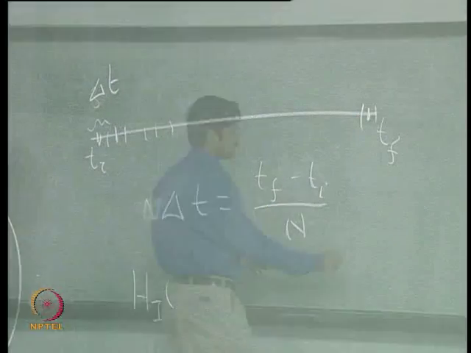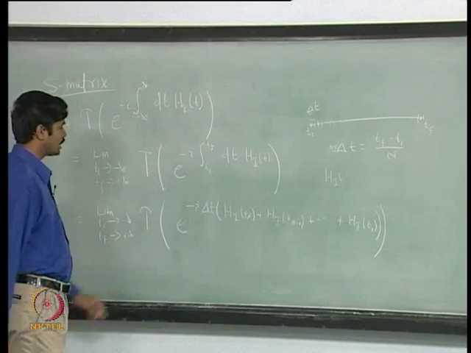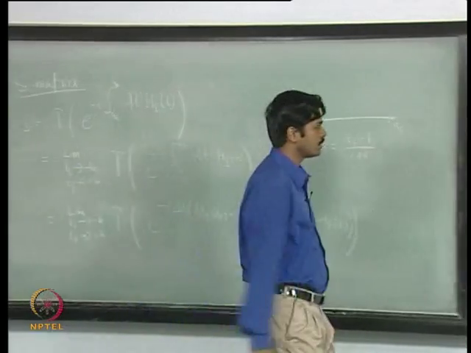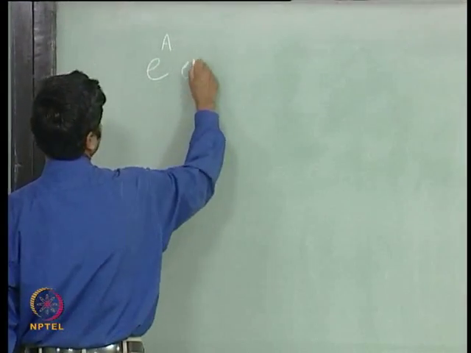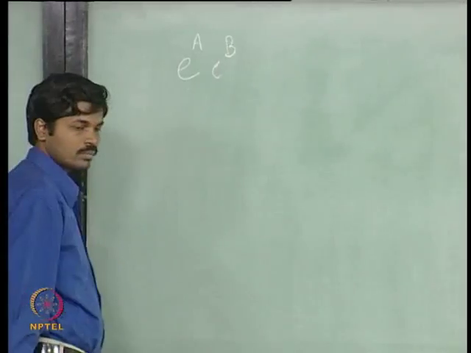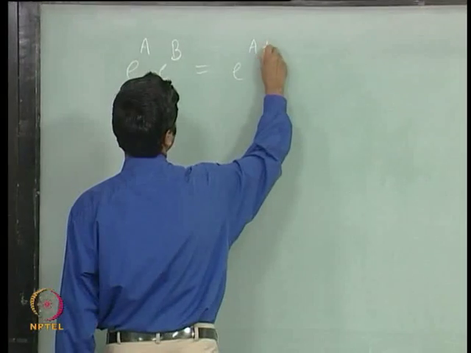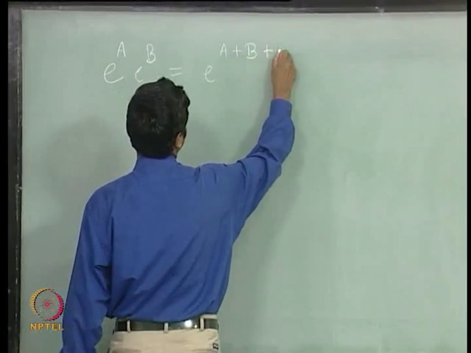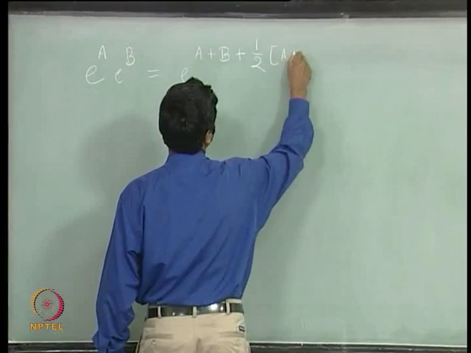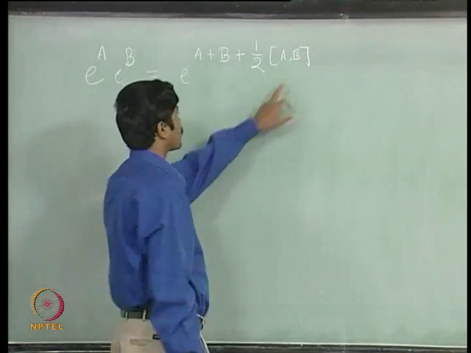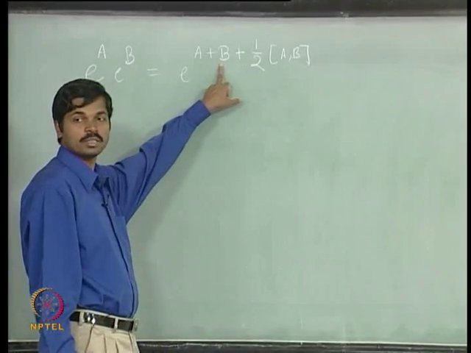Now we will use this relation: e to the power a times e to the power b is equal to e to the power a plus b plus half the commutator of a and b, whenever this commutator commutes with both a as well as b.